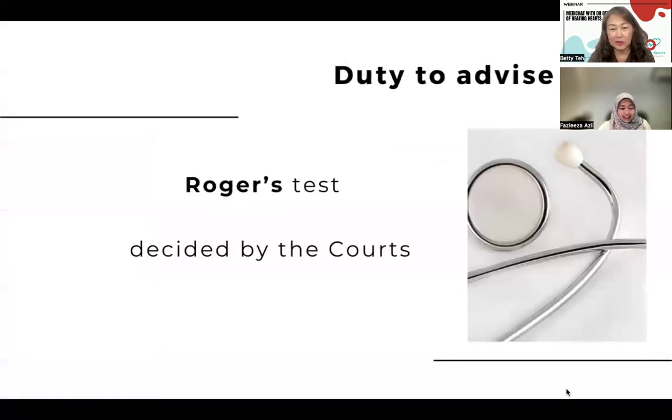Okay. When it comes to the duty of advice, at the end of the day, it is actually decided by the court based on the facts found in the course of the trial. So care management and treatment is based on the expert opinion, which should be able to withstand logical analysis.